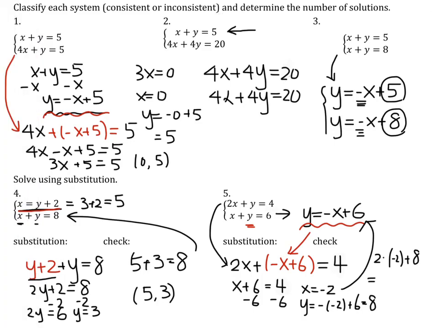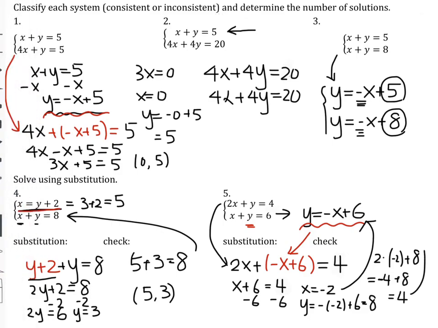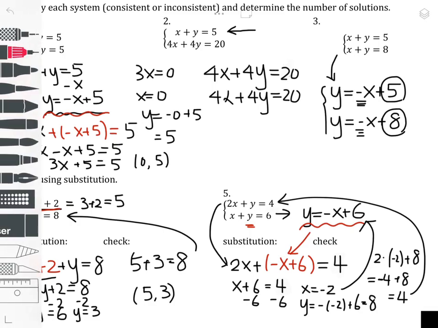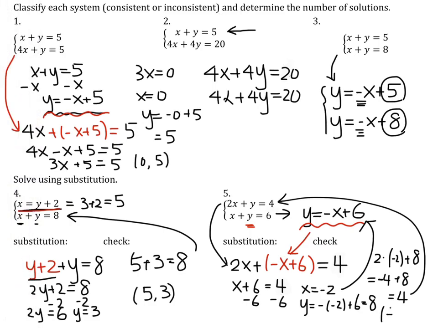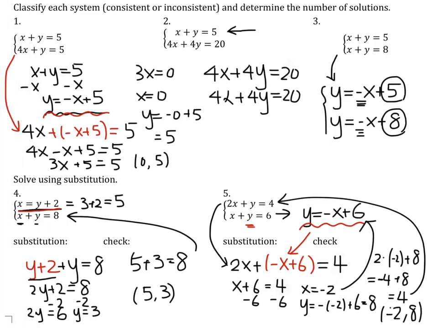So we have negative 4 plus 8, which is positive 4. So that matches up. That says my solution should be x equals negative 2 and y equals positive 8. Negative 2, positive 8. So this is exactly one solution again. So this system is consistent, independent.